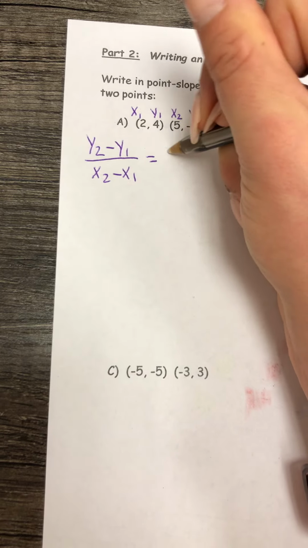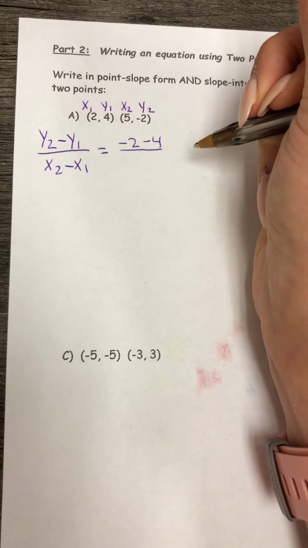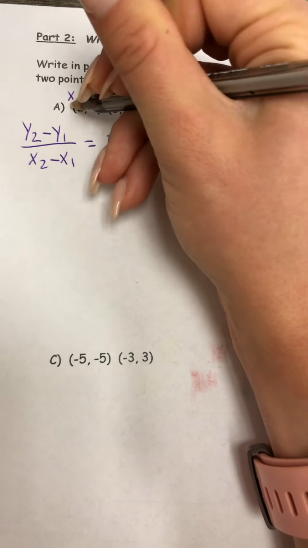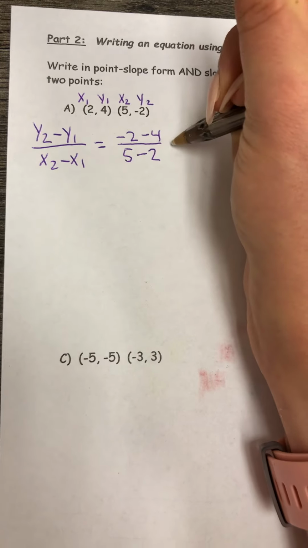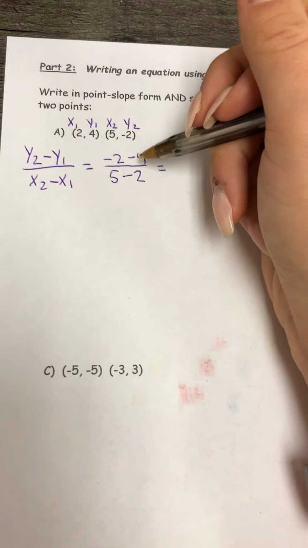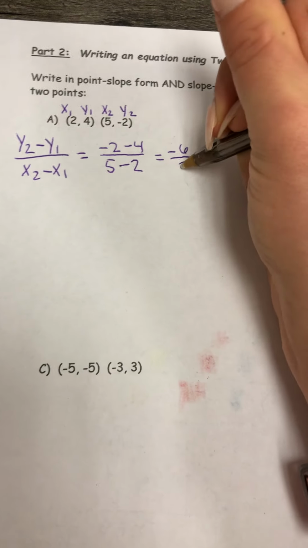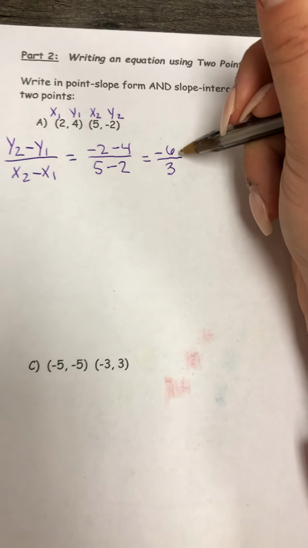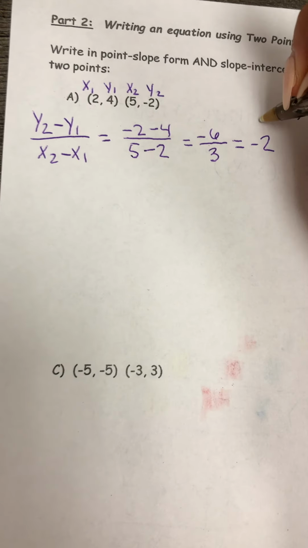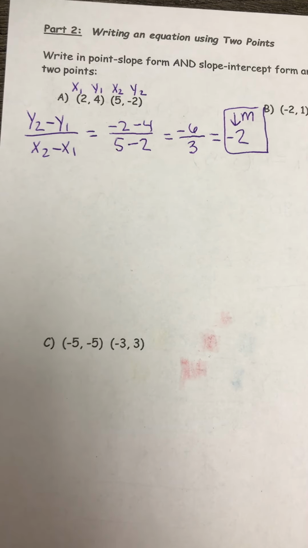My y2 is -2, y1 was 4, so I have -2 minus 4. x2 is 5, x1 is 2, so I have 5 minus 2. -2 minus 4 is -6. 5 minus 2 is 3. -6 over 3 will simplify to -2. So this is my slope.